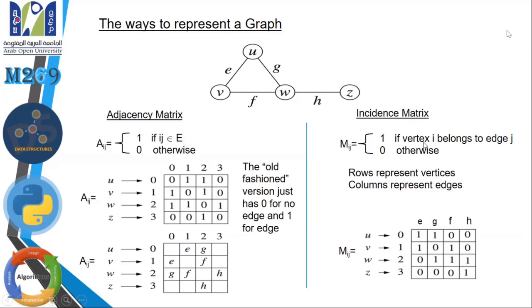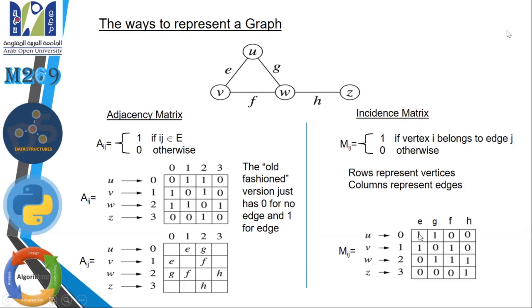In my case, E. So U and E have a relation, yes. U and G, yes, there is. How about U and H? Nothing. So U and H is 0.